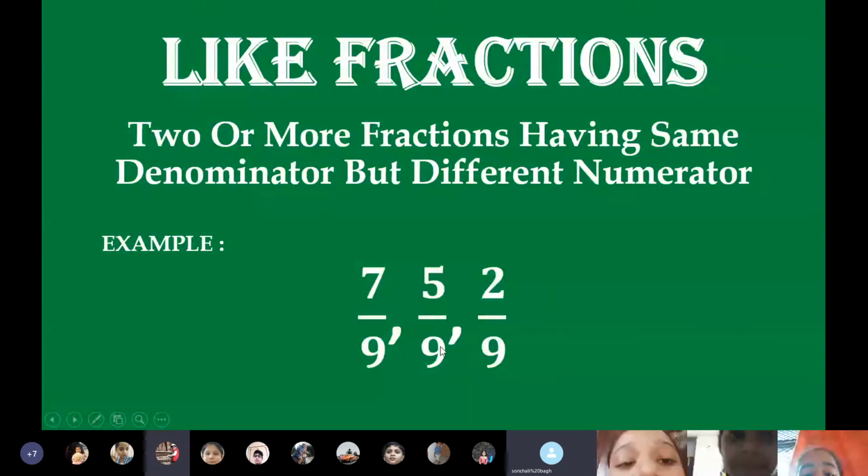You can see these are all like fractions because the denominator is the same but the numerators are different. Here, you have to answer also, yes or no. Please note it down. Write it down.